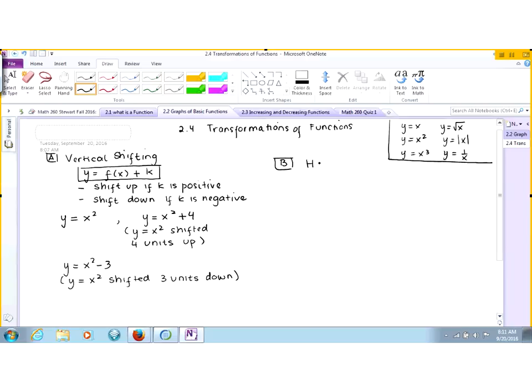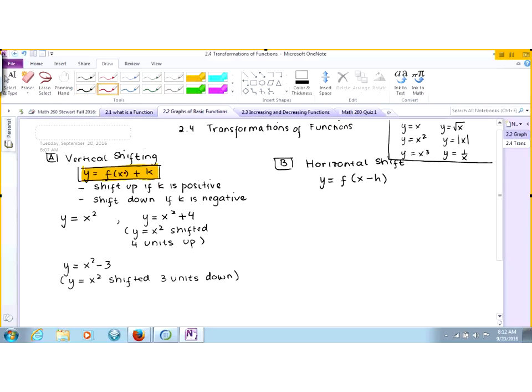Now, the second one is horizontal shift. The form is y is equal to f of x minus h. Do you notice the difference? Before I had f of x plus k. Where is k located? Outside the parentheses with x.